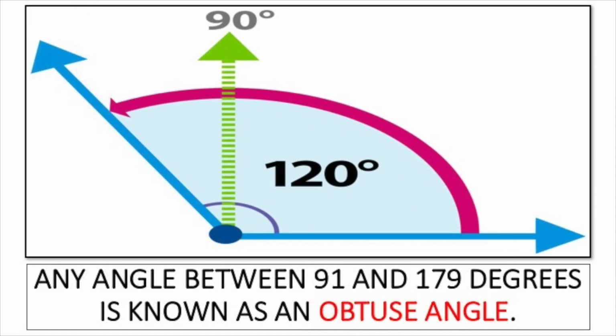But then, when we get larger angles, any angle between 91 and 179 degrees is known as an obtuse angle. Yes. So what we can see here, remember the last slide, we've seen the right angle, which was 90 degrees.